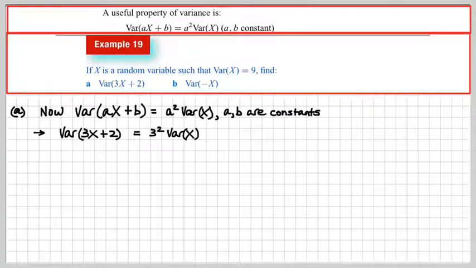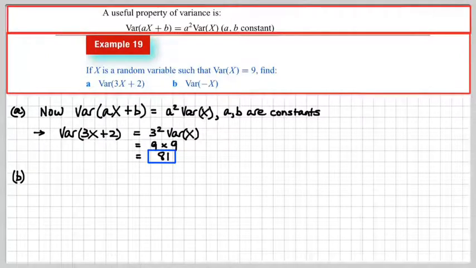And the var of x, we're told, is 9. So the var of 3x plus 2 would be 9 times 9, which must be 81, I presume. Very good.